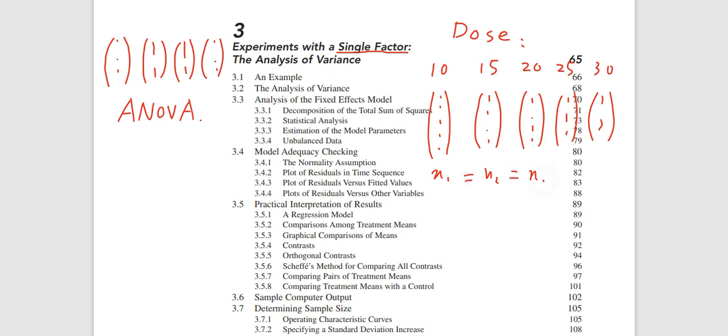If we want to make this design, we should do this. So it's just like a 2 sample problem. If we can control, we should make the sample sizes equal, the same.